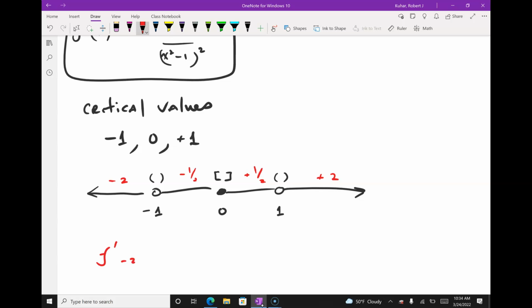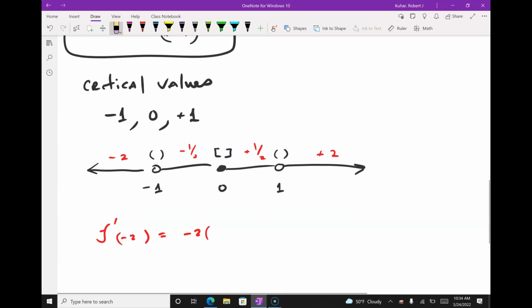F prime of -2 is -2 times, is it -x? No, -2x, right? So the downstairs is not going to change no matter what number I put in because it's squared. So you can see I'm going to get a positive here. But I can cheat the positive from my graph.